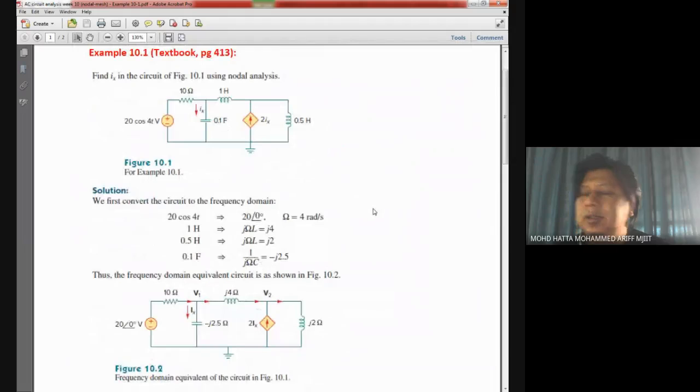Let's see the solution. The solution is available in your textbook, and I've also put it on our e-learning portal, so you can have a look later. Here I just want to discuss important points for a better understanding of what's going on in the solution.